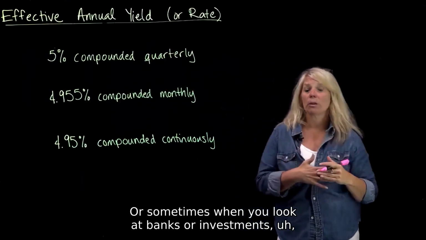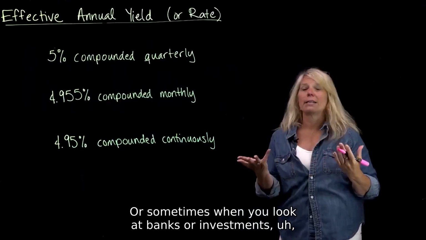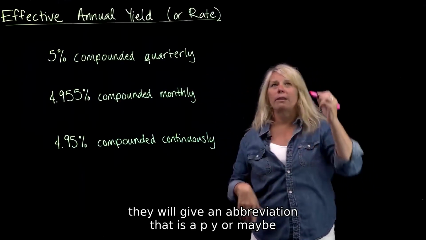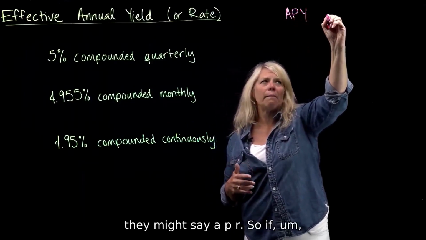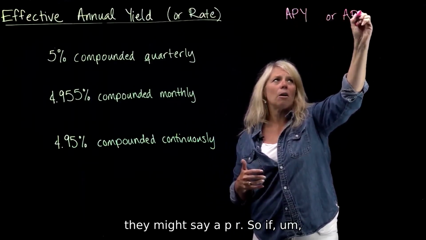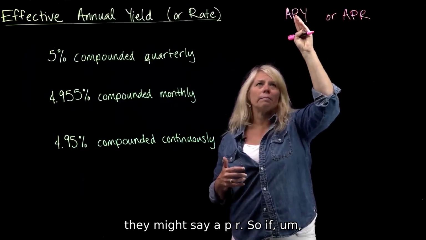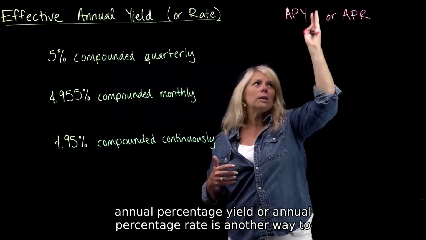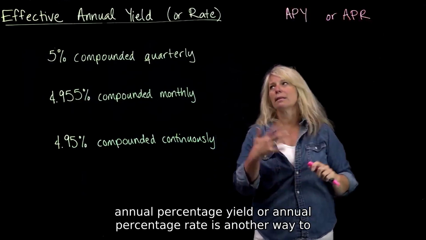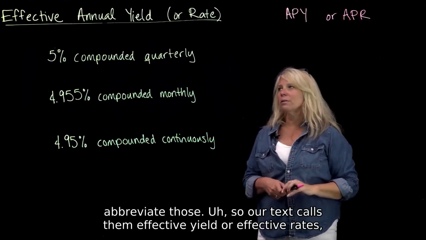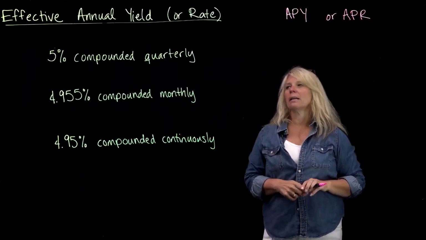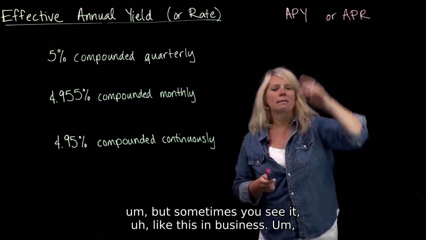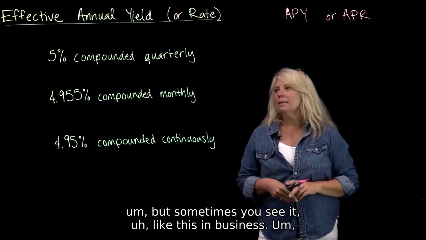Or sometimes when you look at banks or investments, they will give an abbreviation that is APY, or maybe they might say APR, annual percentage yield or annual percentage rate. So our text calls them effective yield or effective rates, but sometimes you see it like this in business.